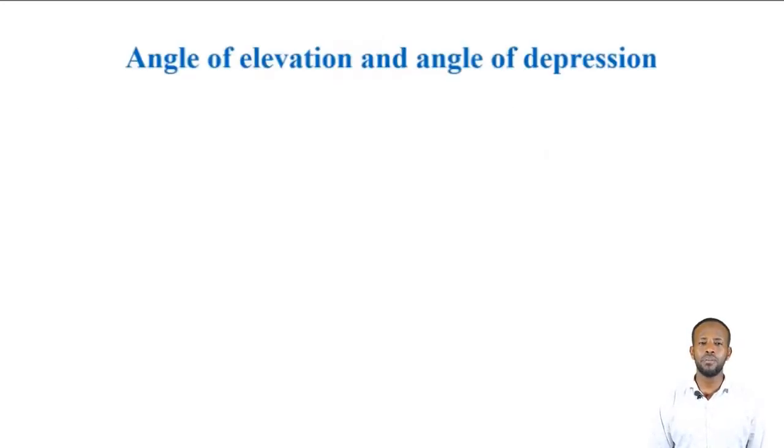Now let us see very important and interesting parts: angle of elevation and angle of depression. Students, if you want to look at something that is above, you will look up like this. If you want to see something around the ground, you look with your eyes down. So you form an angle from these two movements.